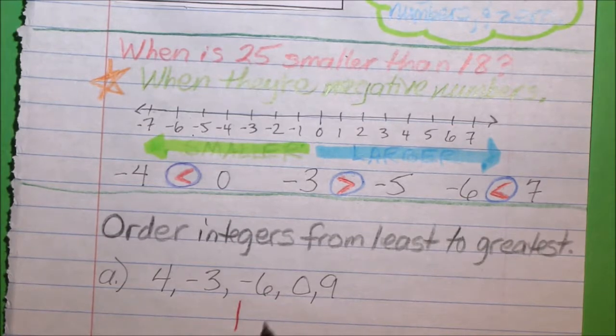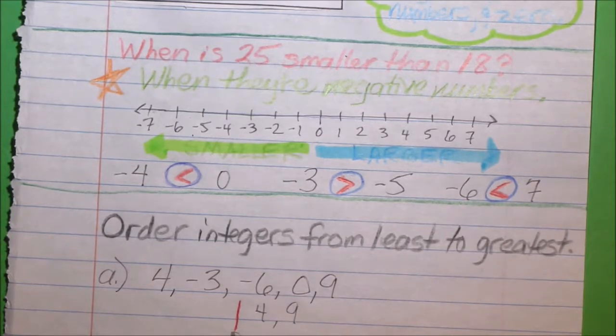As it turns out, 4 is going to be up here. Is 4 the smallest of my positive numbers? Yes, it looks like it is. So I've got 4 and I've got 9. I also have a 0, so I'm going to circle this 0. And when I go to the left of 0, I see I have -3 and I have -6.